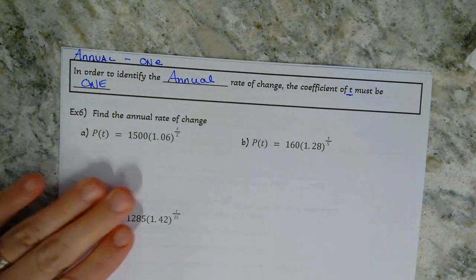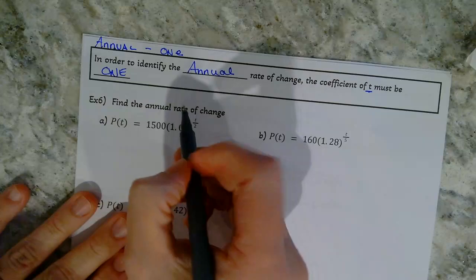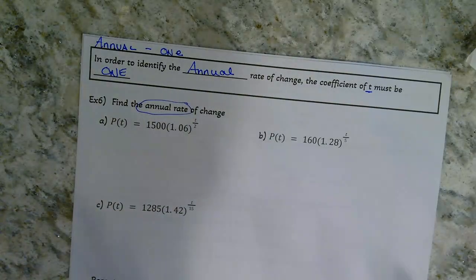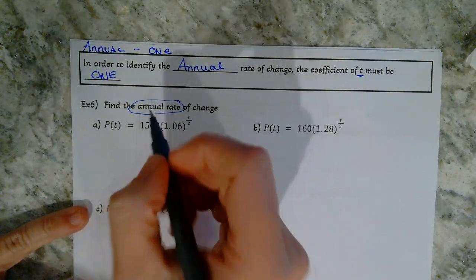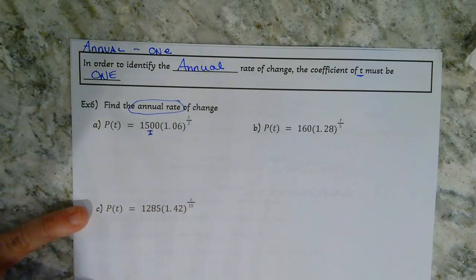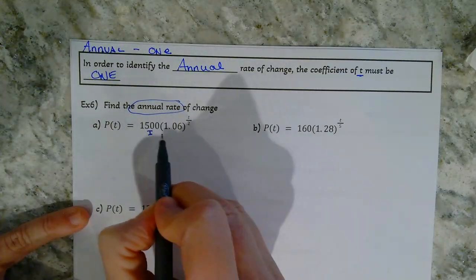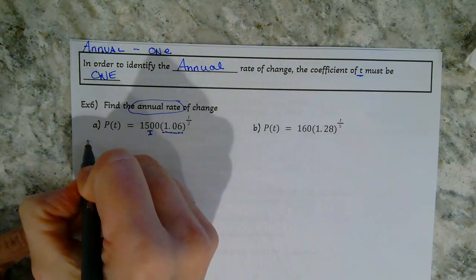Okay, so we're going to go through a few examples. Question 6. A lot of times on this exam, they're going to ask you to change maybe from how often something happens to an annual rate, or an annual rate to how often something happens. So this first example, okay, we know this is our initial amount. So I'm just going to be clear on that. I'll put my I there. This tells me this function is increasing.